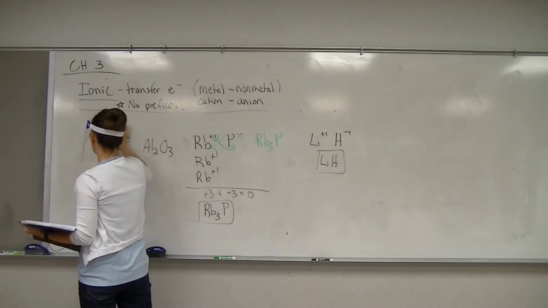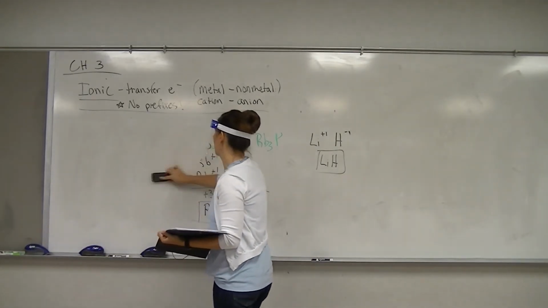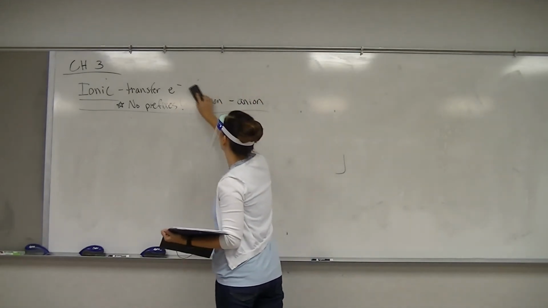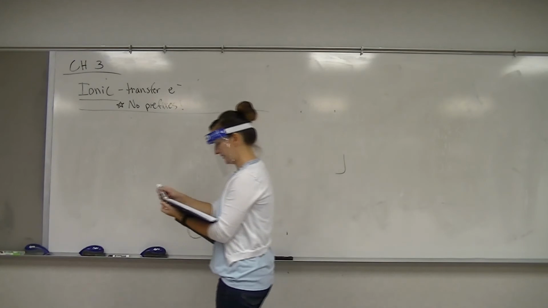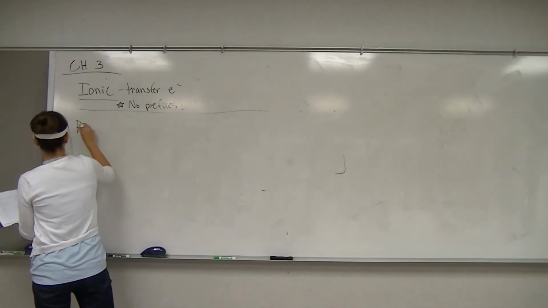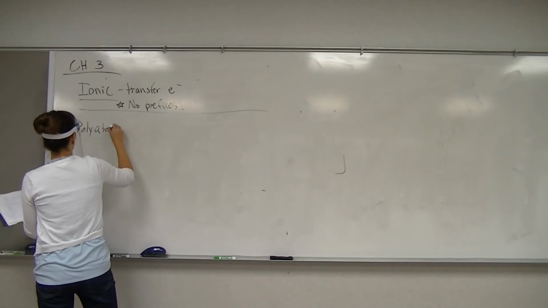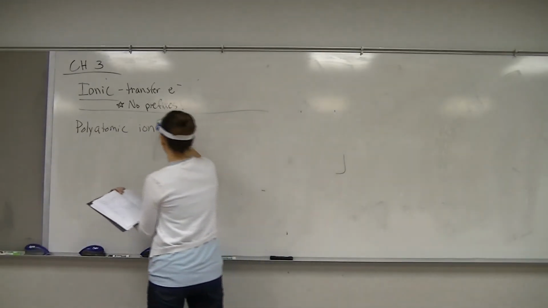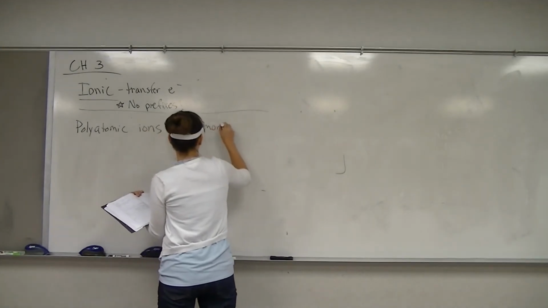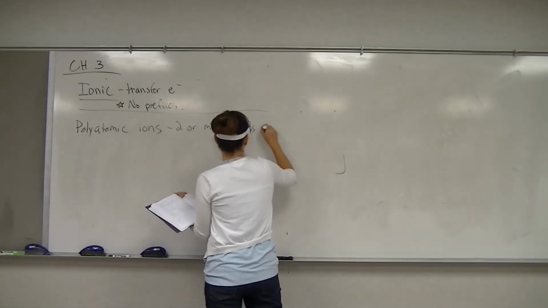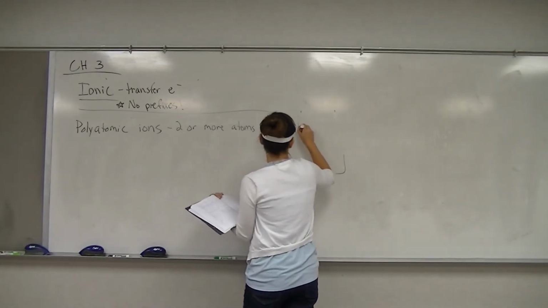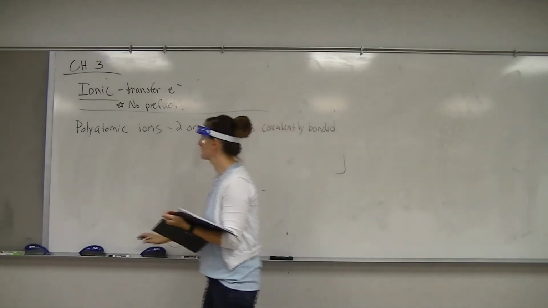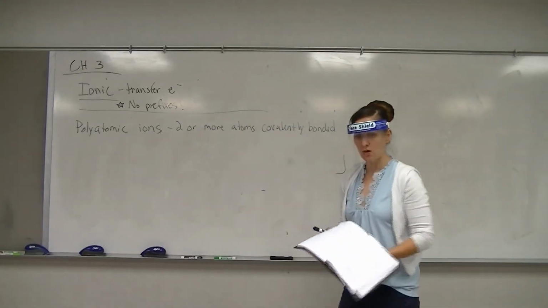So we're still looking at ionic compounds. All of this is going to be similar. We're just going to add a layer onto it. Instead of just metals and nonmetals, we're now going to look at polyatomic ions.